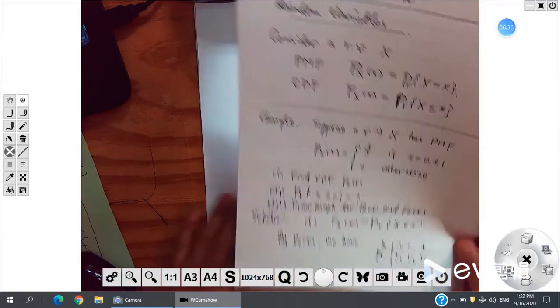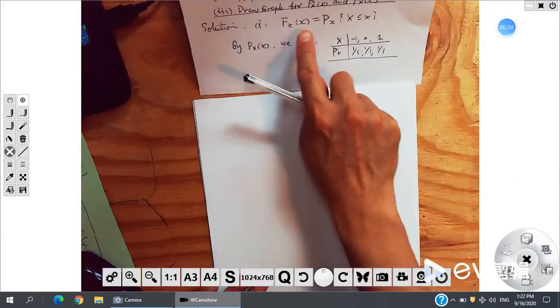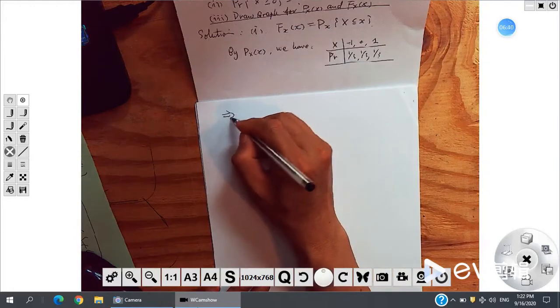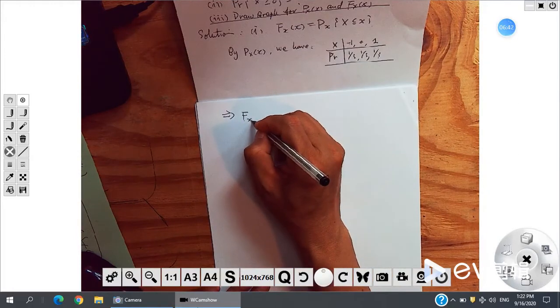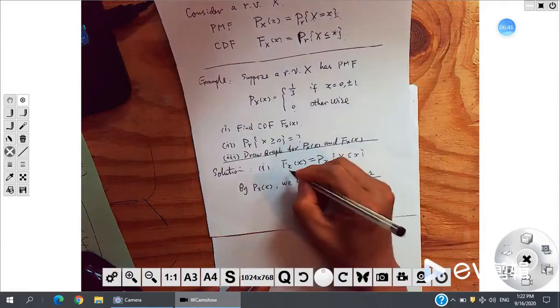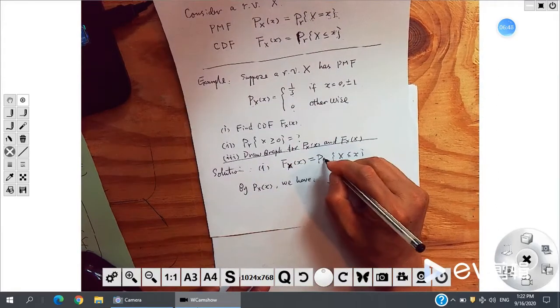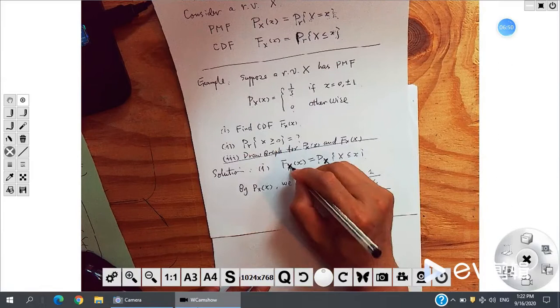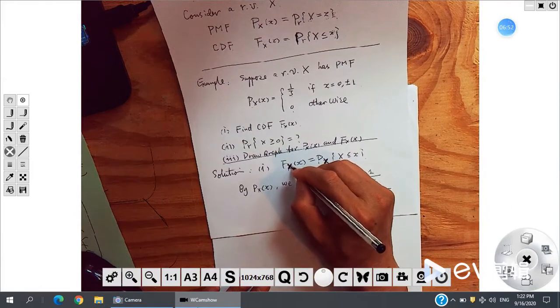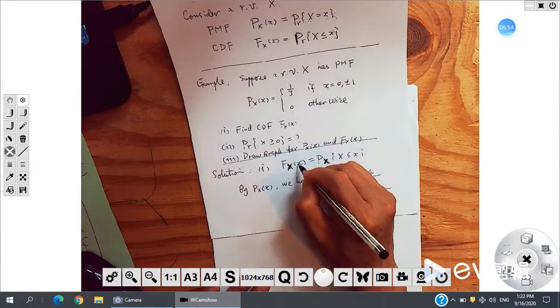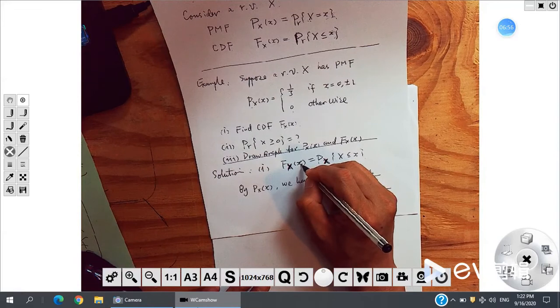Now we can find this F_X very easily. Sorry, this should be capital X, this should be capital X. Capital X is the name of the random variable, and lowercase x is a changing value.